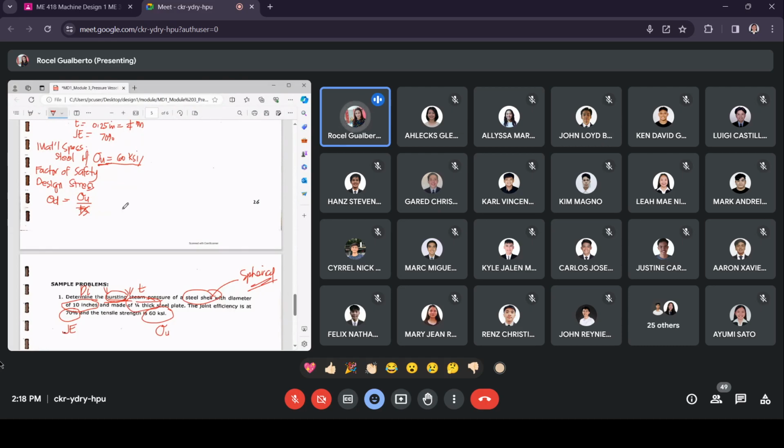Now, you are given here joint efficiency. Since JE is given, we will not be using only the design stress, but rather we are to use the lower design stress, sigma D prime. We will be using the lower design stress because you are given a joint efficiency.